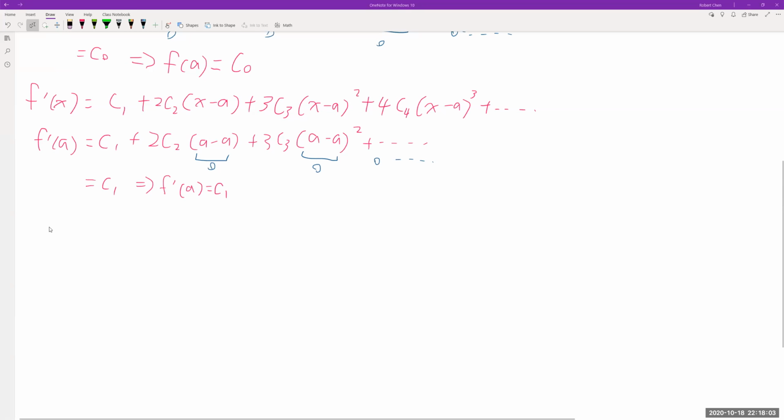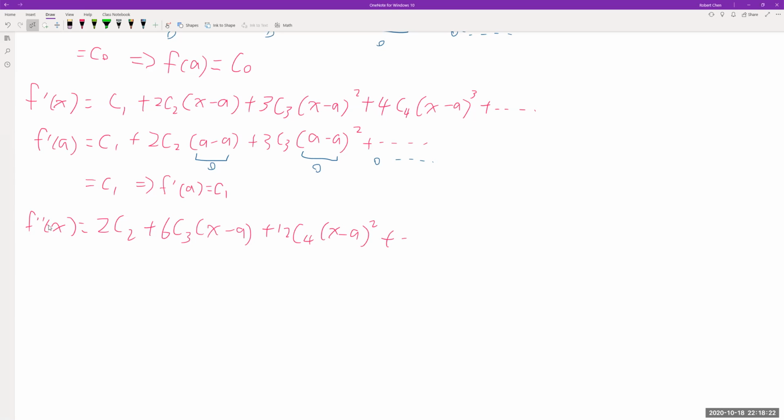Let's go ahead and do that. f double prime of x. So f prime of x is right here. Let's take the derivative of that. We get 2c2 plus 6c3 times (x minus a) plus 12c4 times (x minus a) squared, and so on.